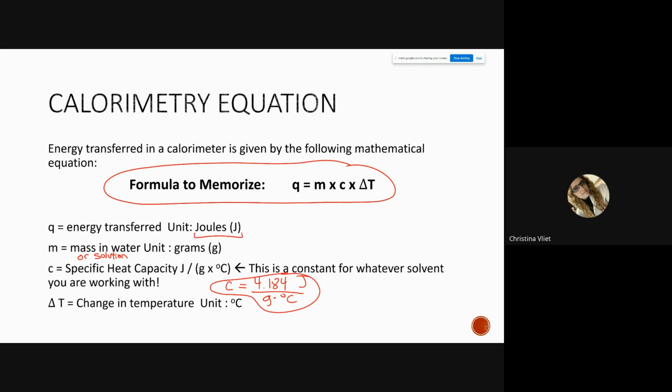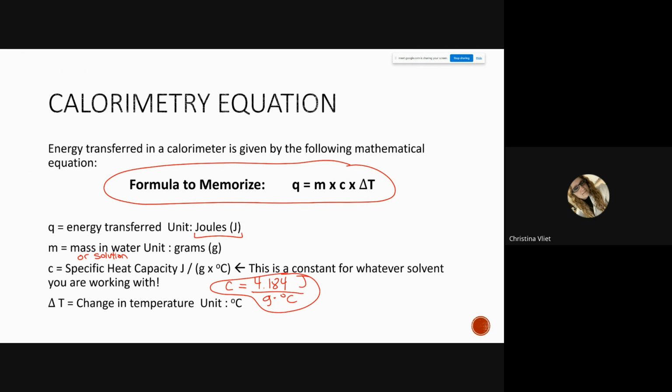All right, delta T. Change in temperature. There are 2 ways you can think about this. I'm going to tell you both, and you can make a decision of what you want to do. Officially, the formula for change in temperature is delta T equals the final temperature minus the initial temperature.